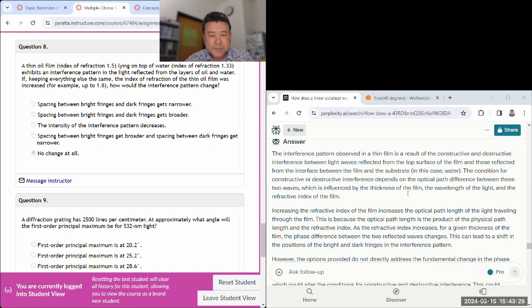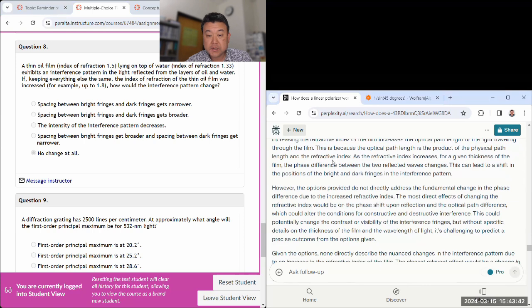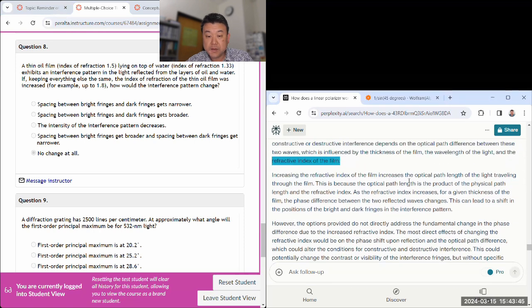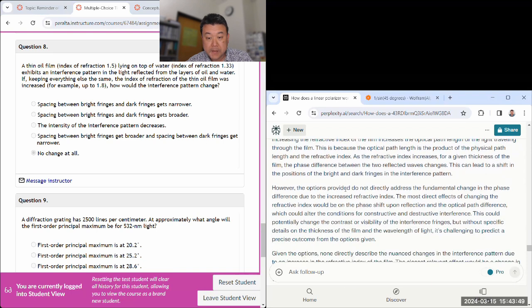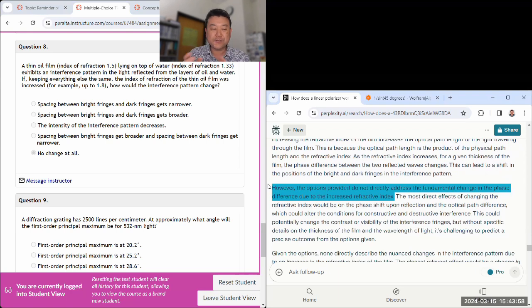So let's see why Perplexity missed it. Constructive condition for the optical path difference, which is thickness of film, wavelength of the light, and this part. That's what we are changing. Increase optical path length. Okay, so far so good, right? Shift the positions. Doesn't have to. In fact, a lot of my multiple choice questions, the correct choice, I try to write it in a way that sounds wrong.